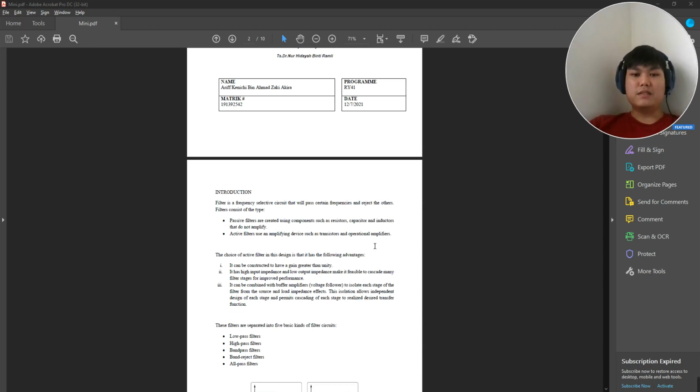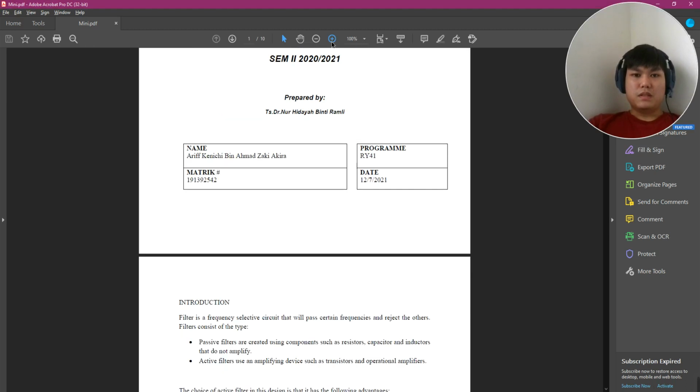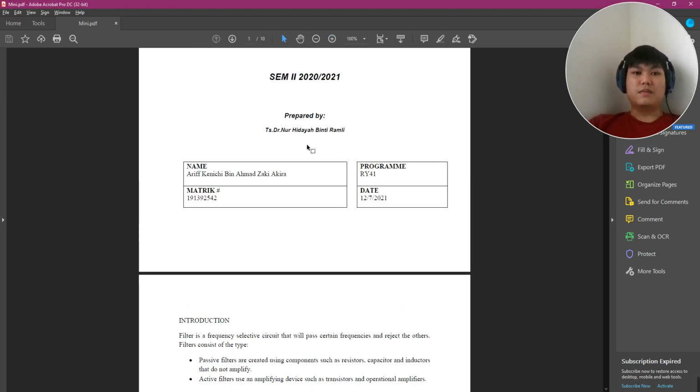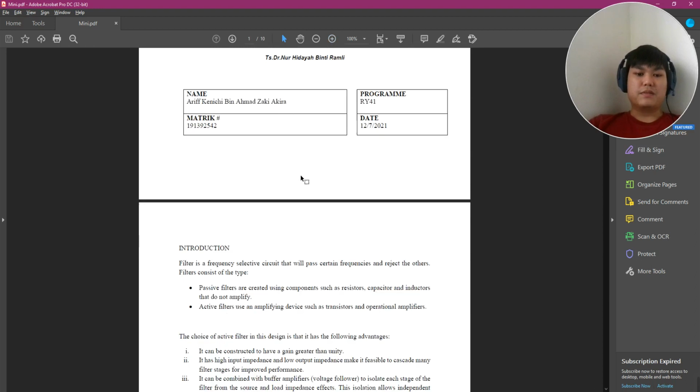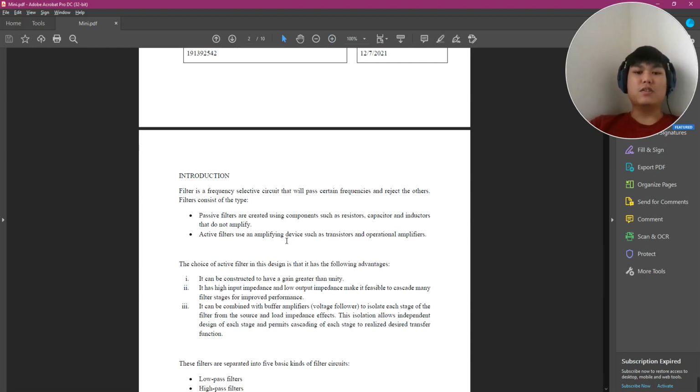There are several things we need to know before we start on the high pass filter. First of all, the active filter. Generally, an active filter uses an amplifying device such as a transistor or an operational amplifier.